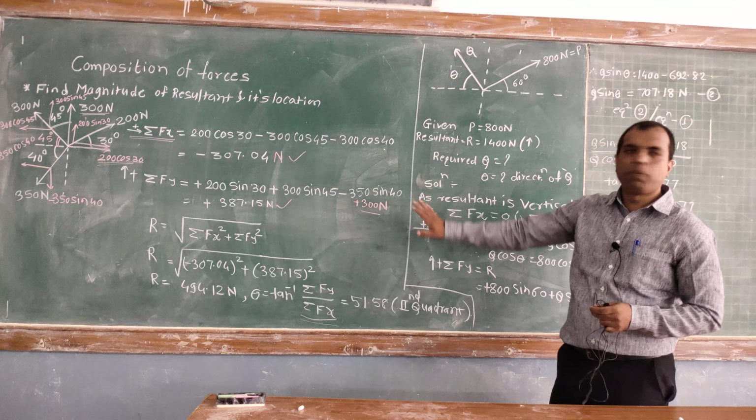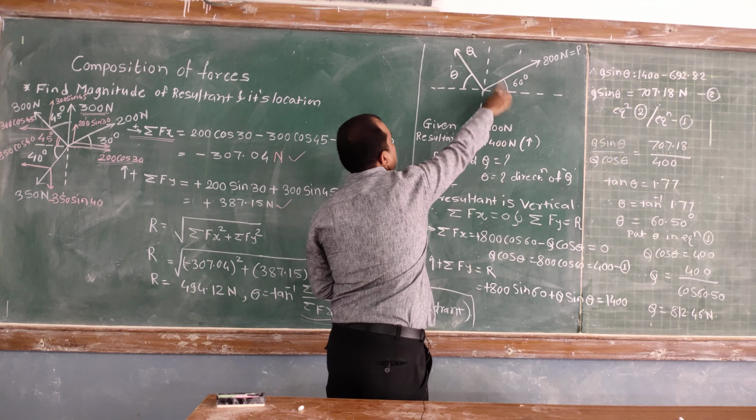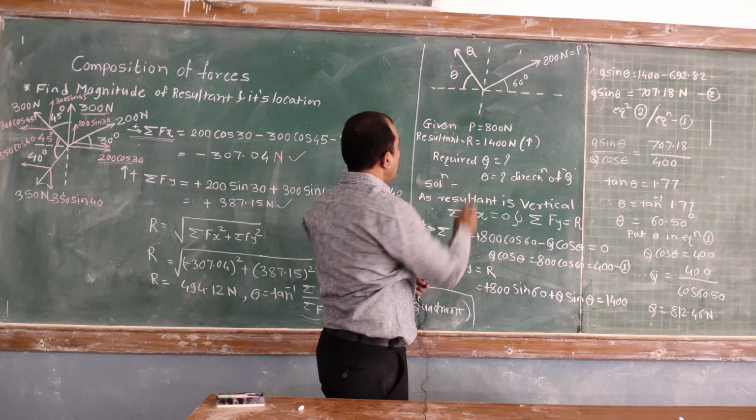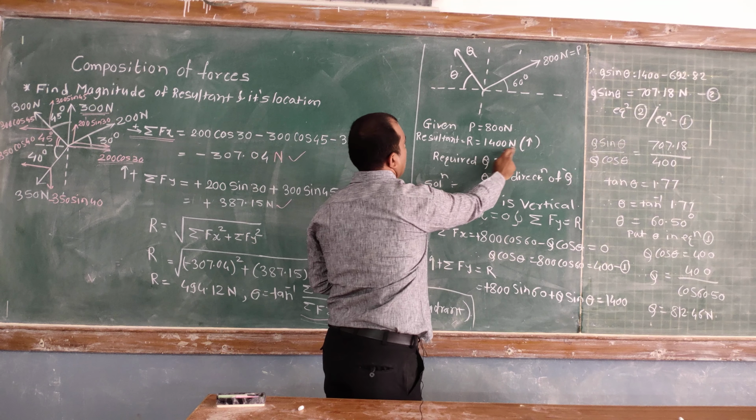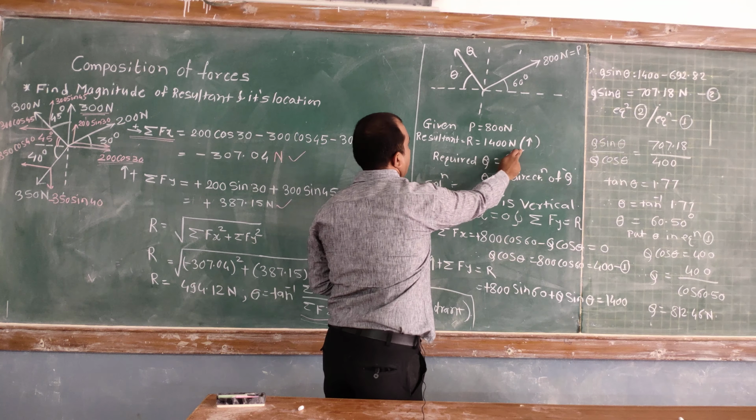In this problem P is given as 800 Newton, makes an angle of 60 degree with respect to horizontal, and the resultant R is given as 1400 Newton vertically upward. So the resultant is given in this problem.